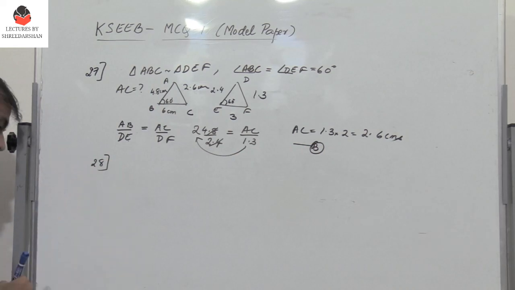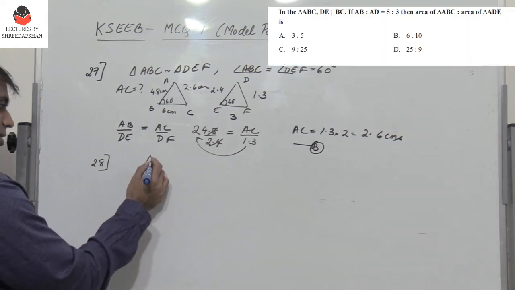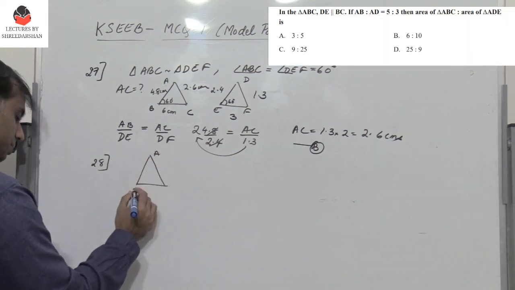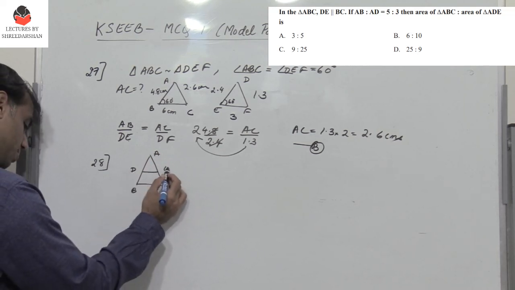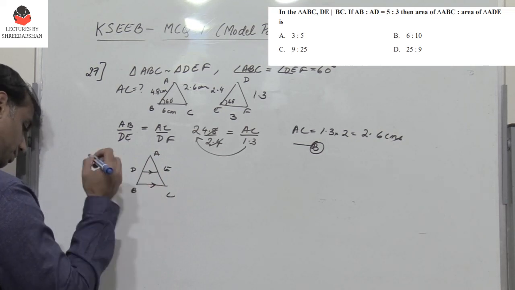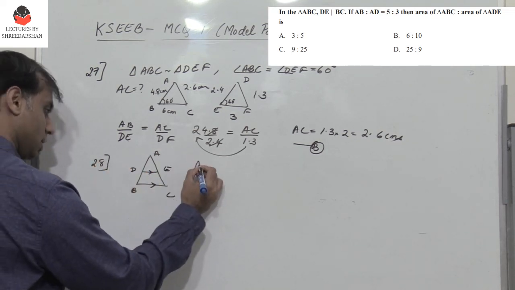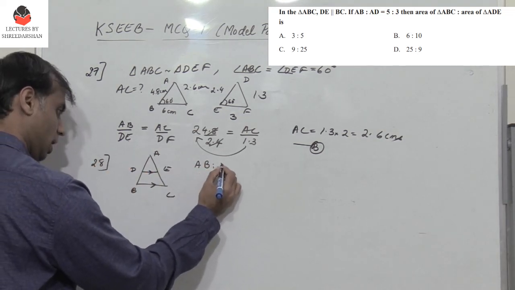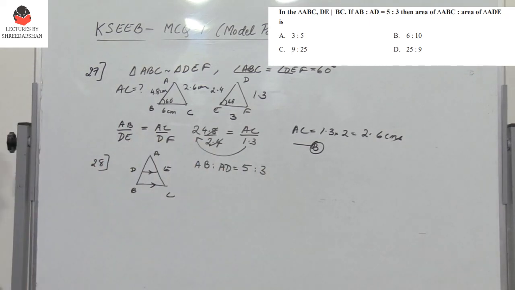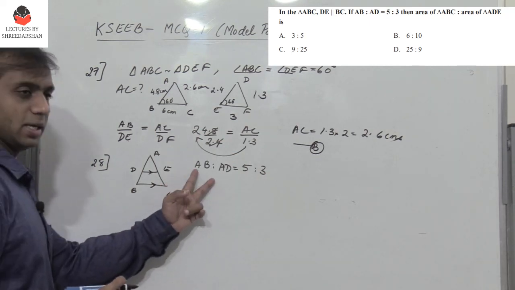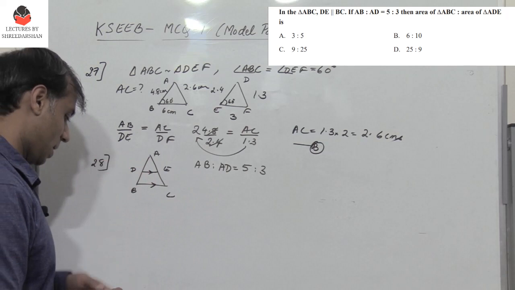28th one. In the triangle ABC, we find that DE is parallel to BC. Then if AB is to AD is equal to 5 is to 3, then what about the areas? The areas will be the square of the ratio of the sides, isn't it? Because these two are parallel.